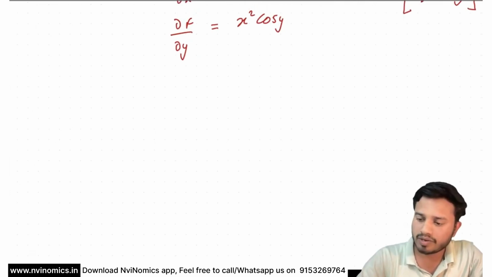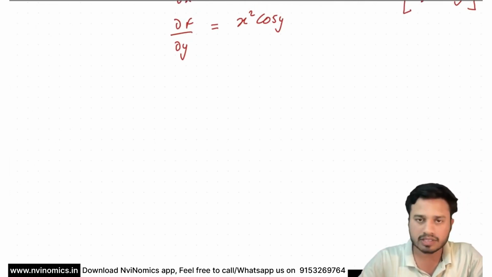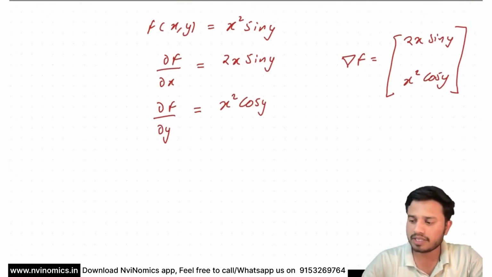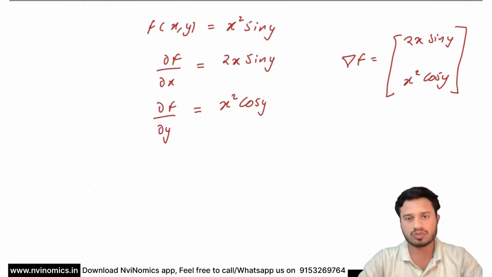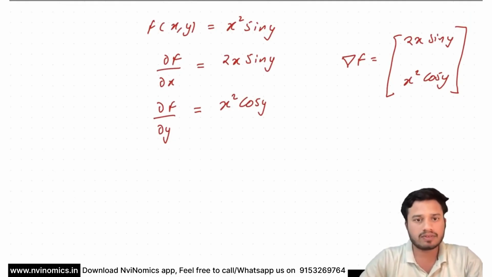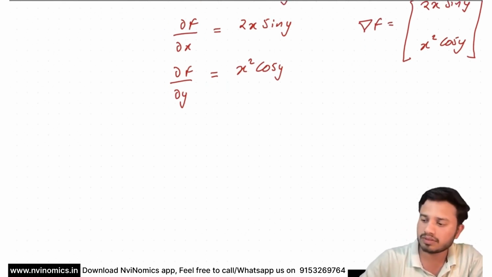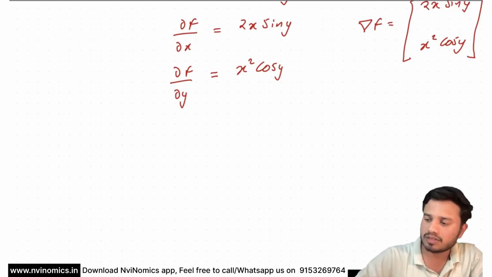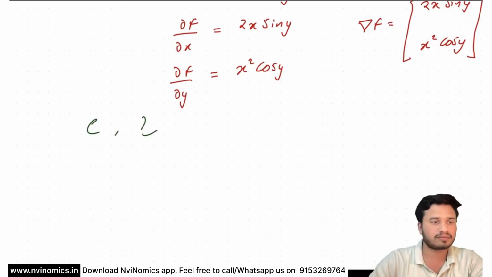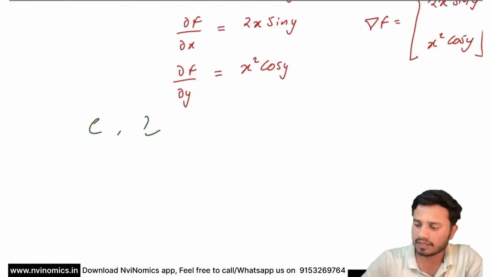Now suppose that by solving df dx equals 0 and df dy equals 0, again you will find a two dimensional point, and that will be our critical point. You will find critical points like this.